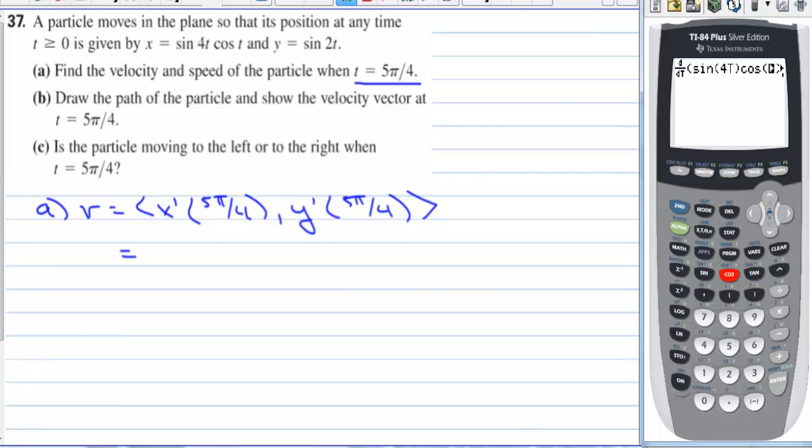And then cosine of t. And then we're evaluating at 5 pi divided by 4. Enter. 2.828.